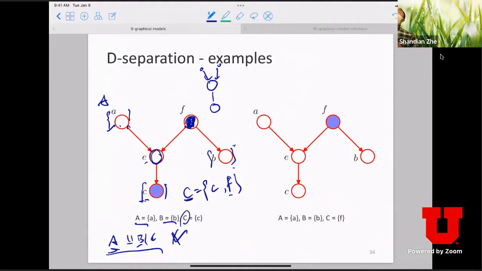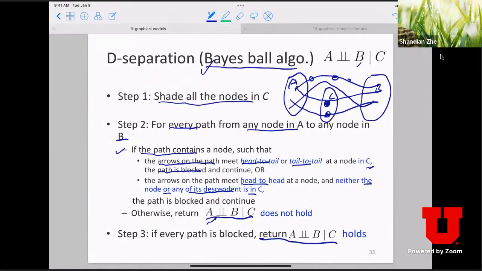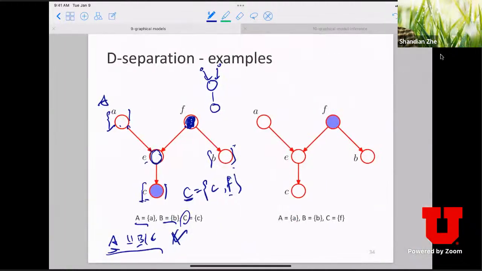Does it make sense? Yeah, C is a descendant of E. If C is observed, then it does not block. If C is unobserved, then it blocks.